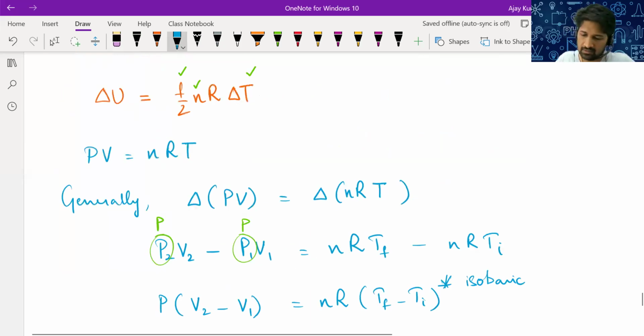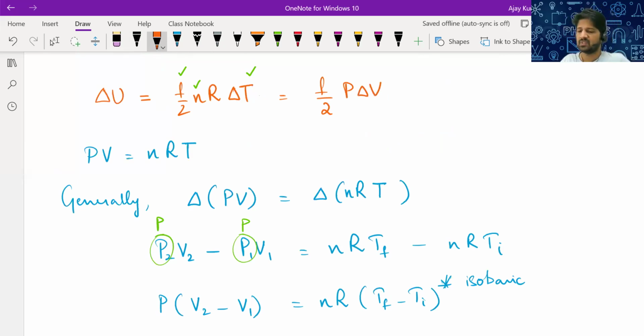And if you do that here, you can write it as f by 2 into P delta V as well. So if you know pressure and volume, using that also you can tell what is the change in internal energy of the gas. Now f by 2 nR delta T is generally valid. f by 2 P delta V is valid only when the process is isobaric.